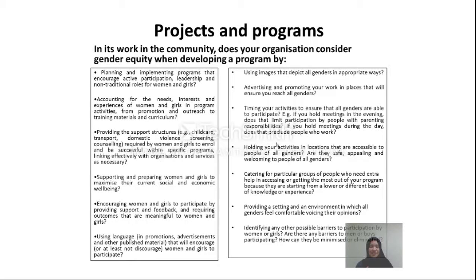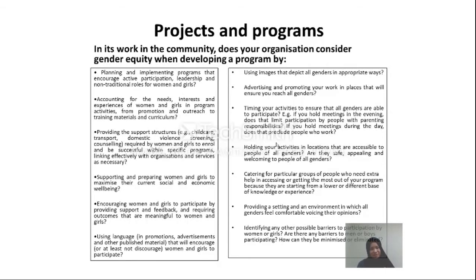And then 11, catering for particular groups of people who need extra help in accessing or getting the most out of your program because they are starting from a lower or different base of knowledge or experience. 12. Providing a setting and an environment in which all genders feel comfortable voicing their opinions. So of course, the environment should be conducive for people to accommodate all their voices.